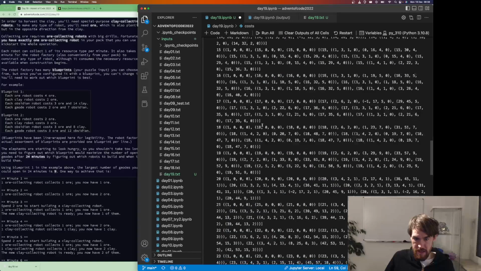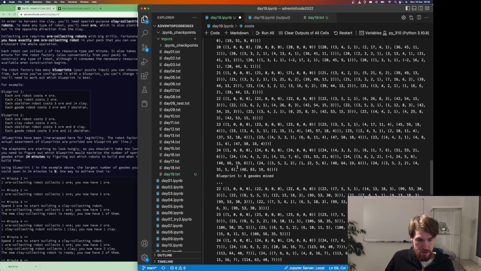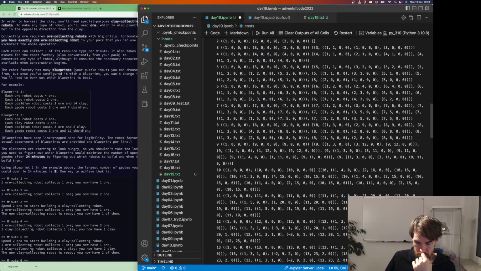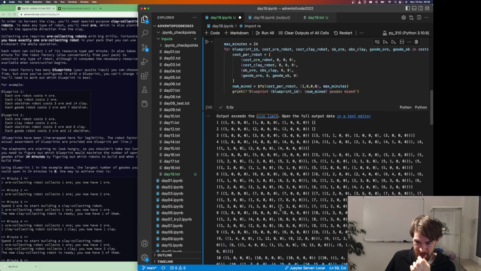Okay, well at least there I found that bug. Blueprint 1 should not have 6 geodes mined, it should have 9 geodes mined. Why are we having negative costs? That's not okay.